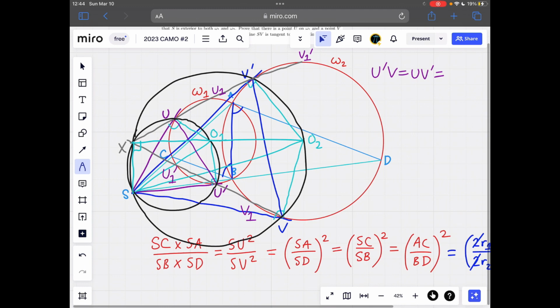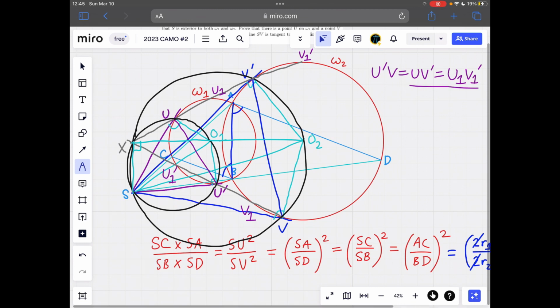If we reflect U' over O1O2, we get U1, and for V, we get V1'. So it's also equal to U1V1'. There we go. We have that UV' equals U1V1'.